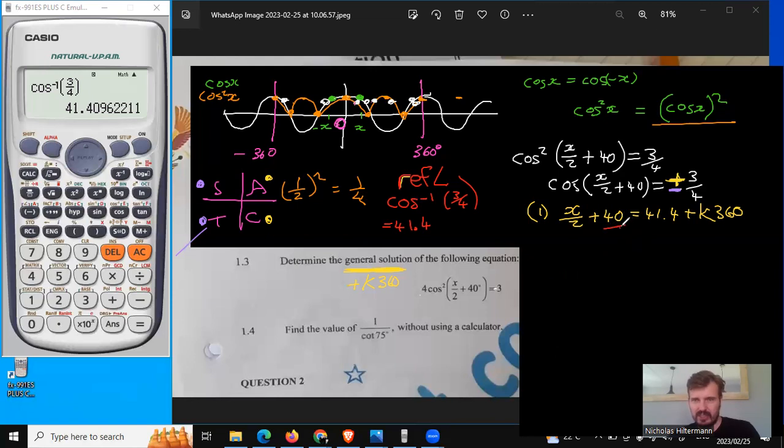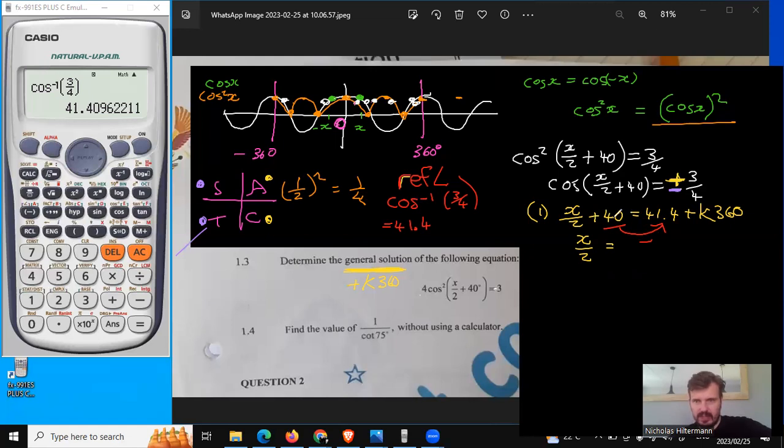If it can just go to the other side, it's gone. So I'll have x over 2 equals 41.4 minus 40, because when that goes to the other side, it becomes minus 40. Well, that's just 1.4.